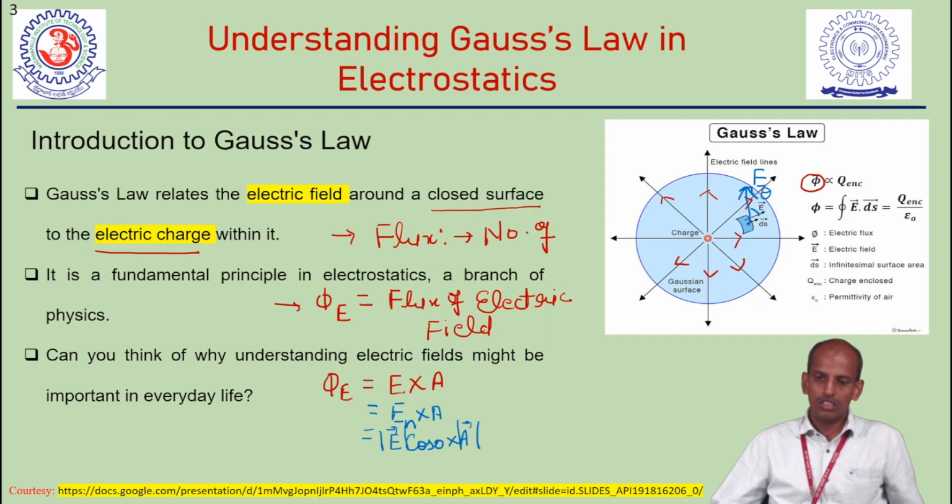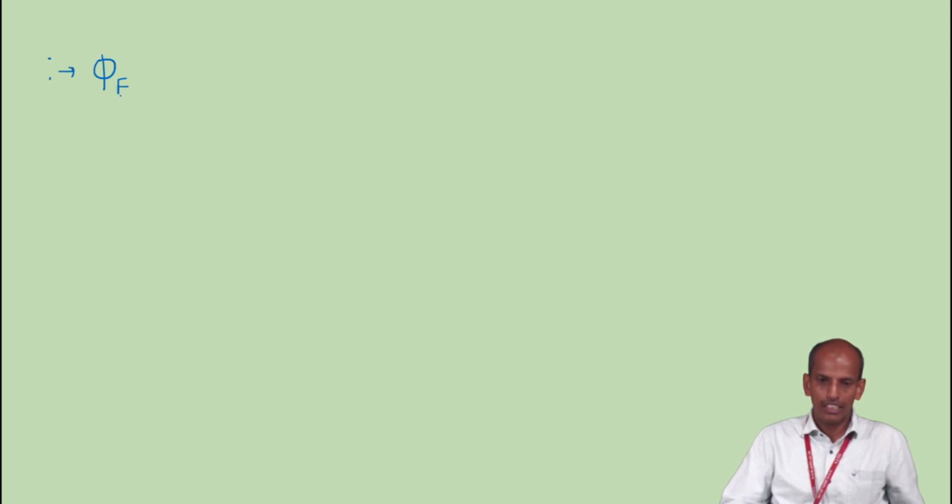So what becomes the definition of flux? The formula becomes phi E is equal to E dot A. So this is definitely a scalar quantity. Right.